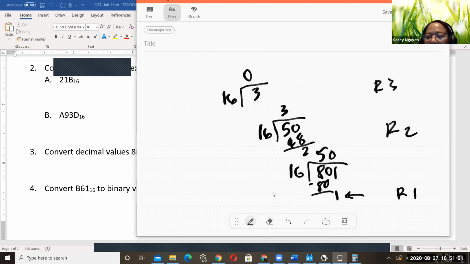So the first division is going to be your least significant value. That's still going to be the most right. And then the next is going to be the next digit to the left of it. And then the next digit is going to be to the left of it. So the way we write this out is 3, 2, 1. Okay.